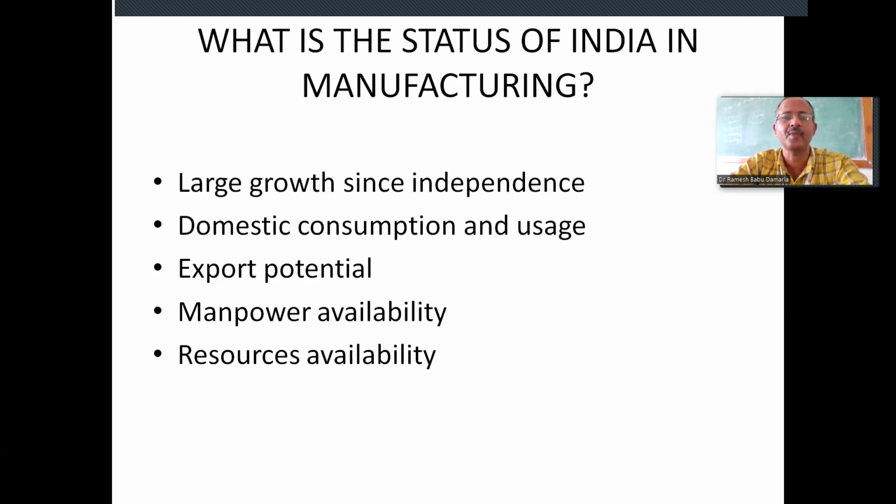And we are a huge 1.4 billion people in India, huge consumption. And we have export potential to sell our products in other countries wherever we have surplus. A lot of manpower available, unskilled, semi-skilled, skilled labor available, a lot of resources and support available. So there's a large scope in India for manufacturing, domestic consumption and export.